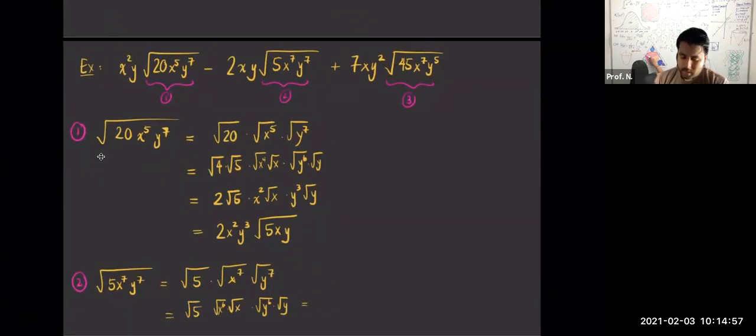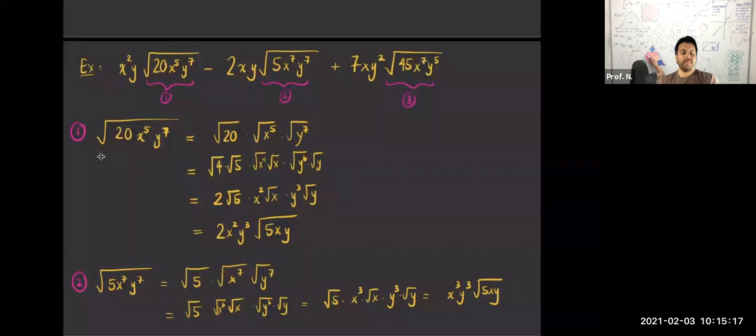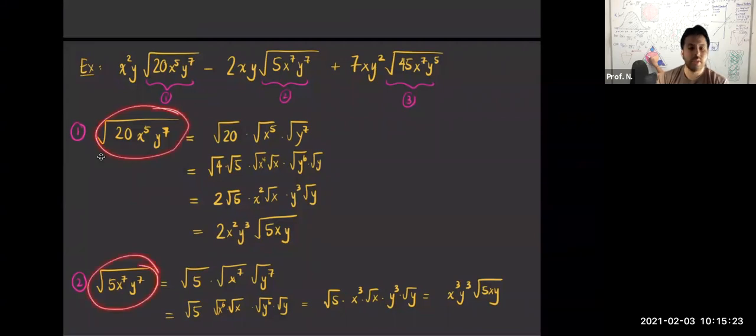And I get the square root of 5 times x cubed times square root of x times y cubed times square root of y. So this results in x cubed y cubed square root of 5xy. So far, so good. So we were just breaking down each of these radicals step by step.